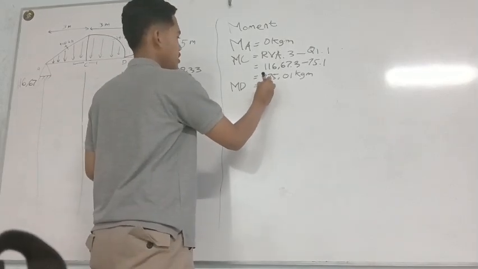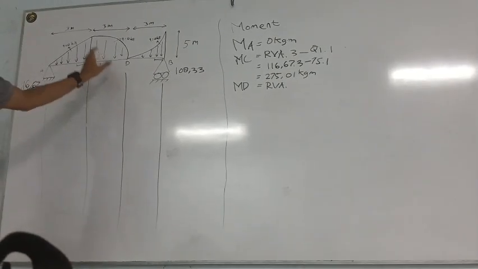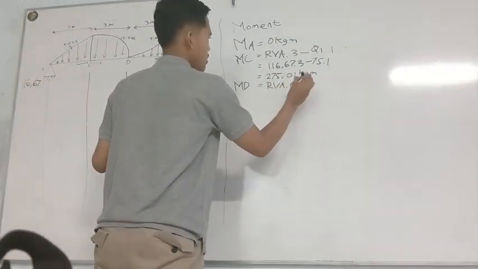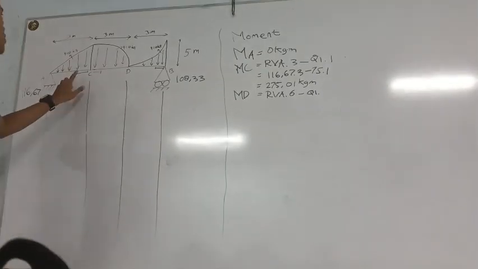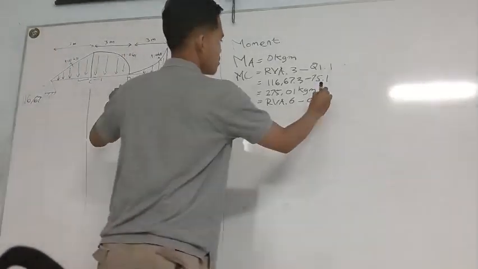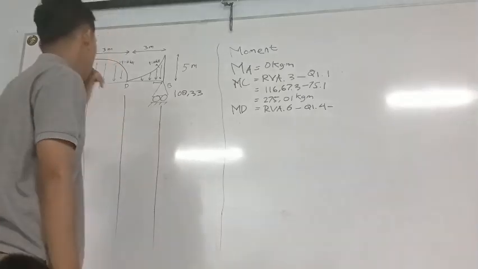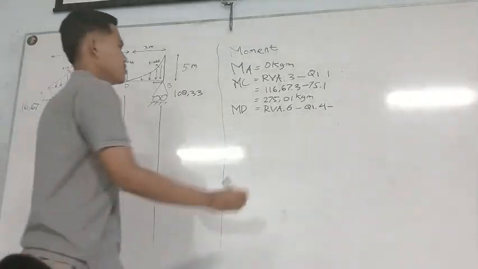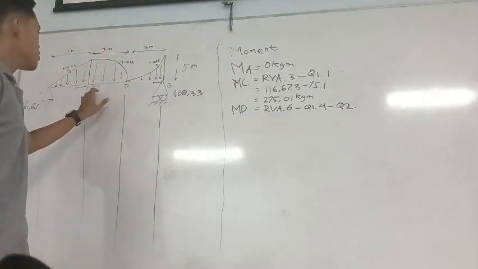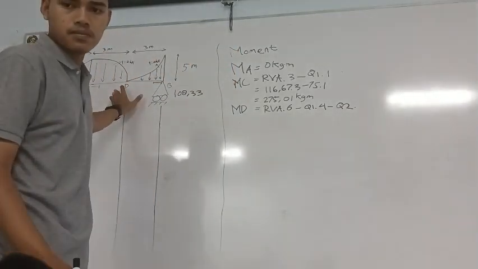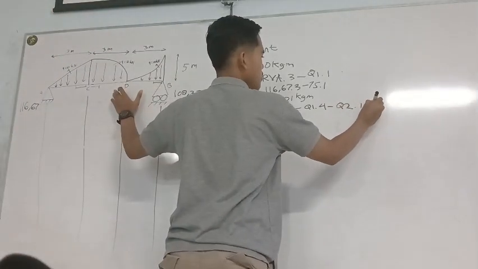And then for MD, it is RVA times the distance from RVA to D, which is 6, minus Q1 times the distance from Q1 to D, which is 4, and then minus Q2 times the distance from Q2 to D, which is 1.875.